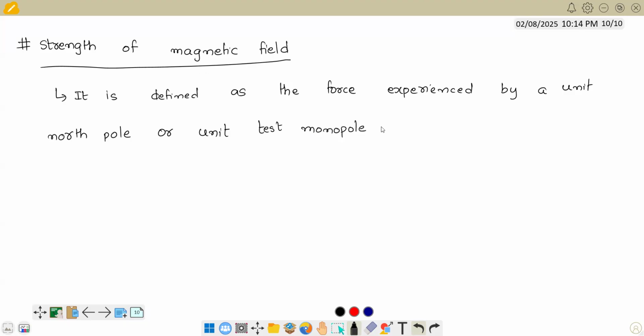Mostly it would be north only, placed at a given point in the magnetic field.